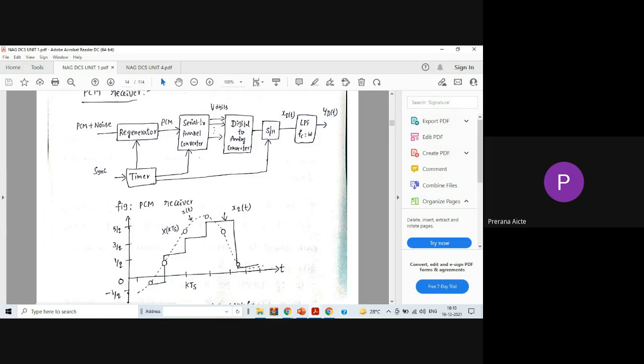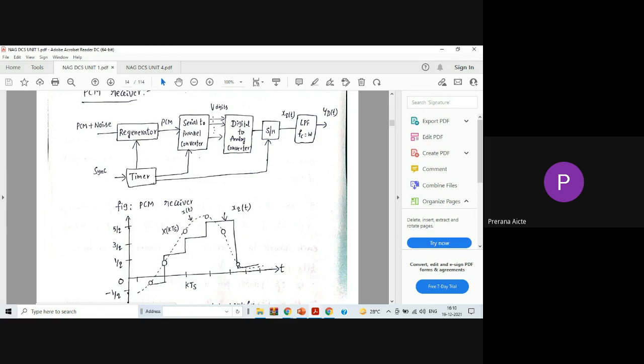The serial data stream is converted to parallel data. So now we are receiving the digital data from each transmission path, right? So it is converted to the analog signal.